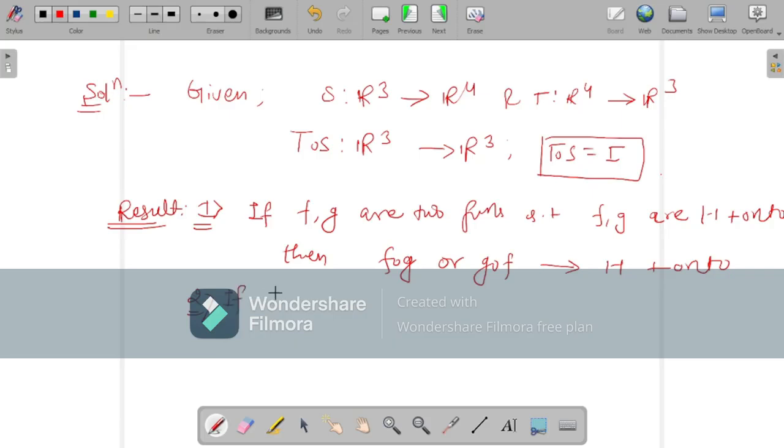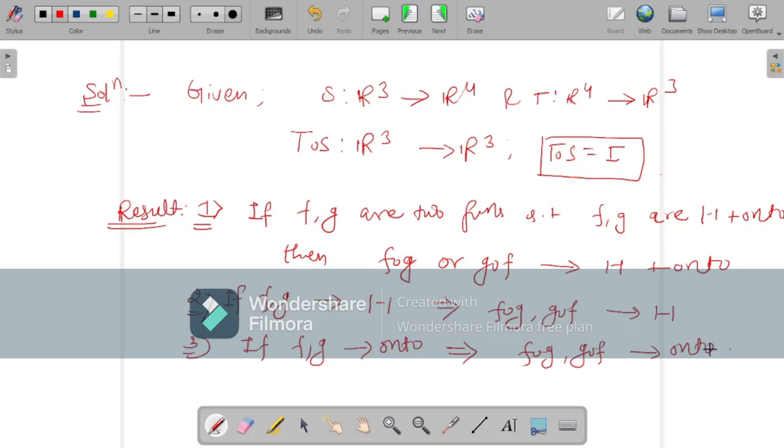If f and g both are 1-1, then their composition is also a 1-1 map. The third result is, if f and g both are onto maps, then their composition is also an onto map.